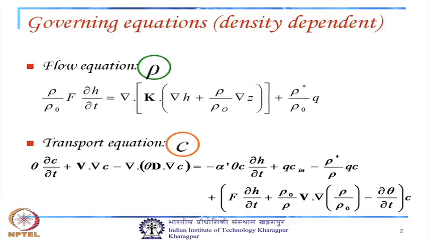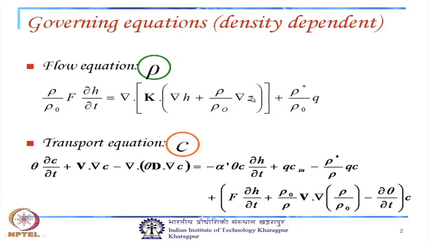The first equation is the flow equation. Here rho 0 is the reference density, S is the storage coefficient, H is the hydraulic head or total head, and T is time, so this is the time dependent term. Then we have the permeability tensor or hydraulic conductivity tensor.